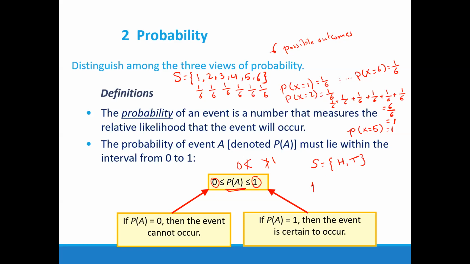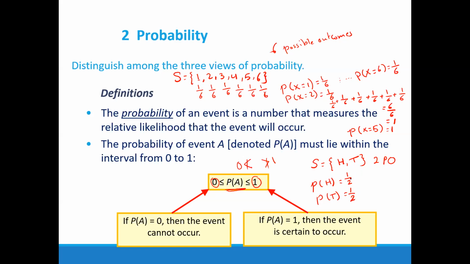So what is the probability of getting head and what is the probability of getting tail? It's 1 divided by 2. We have 2 possible outcomes. Here again we would assume that it's a fair coin.